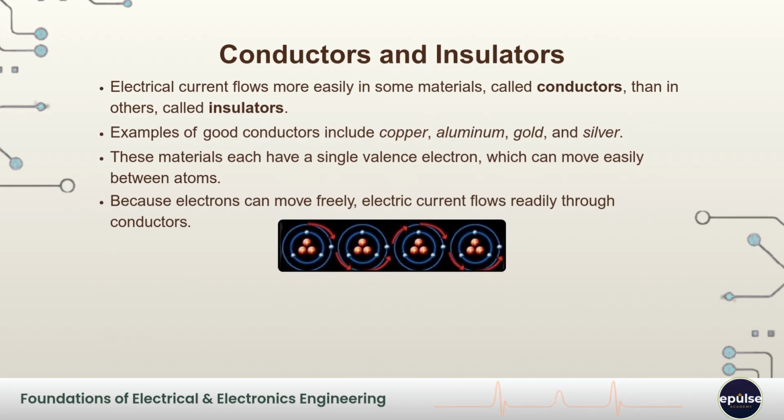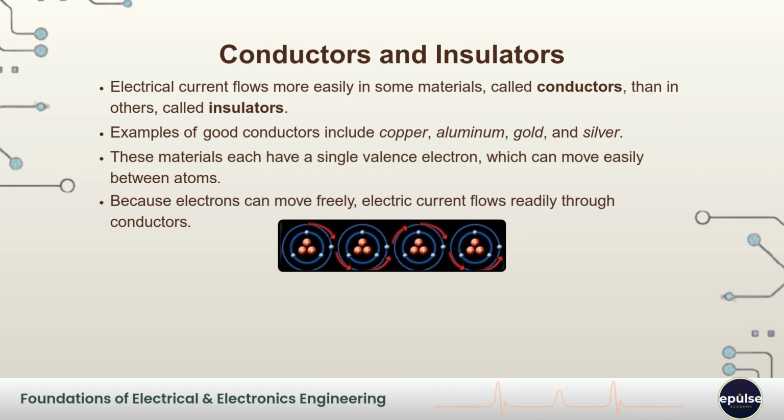Materials where current flows easily are called conductors, and materials that resist current flow are called insulators. In conductors, they have free valence electrons, and these electrons can move freely between atoms, resulting in flow of electric current.